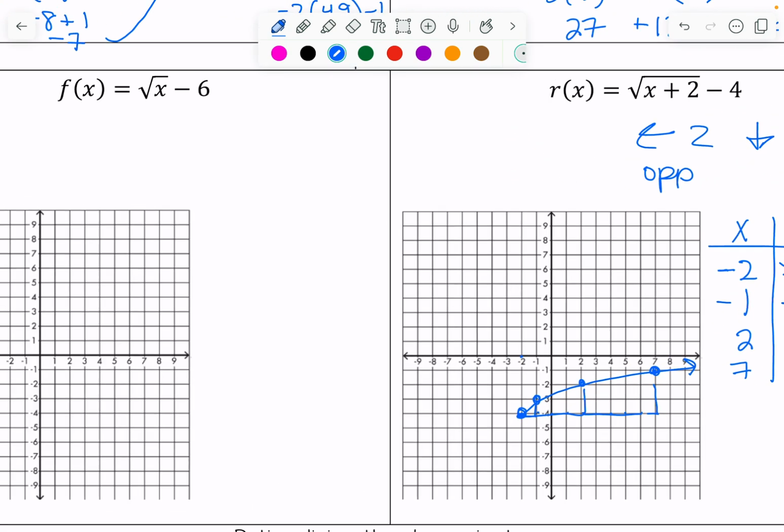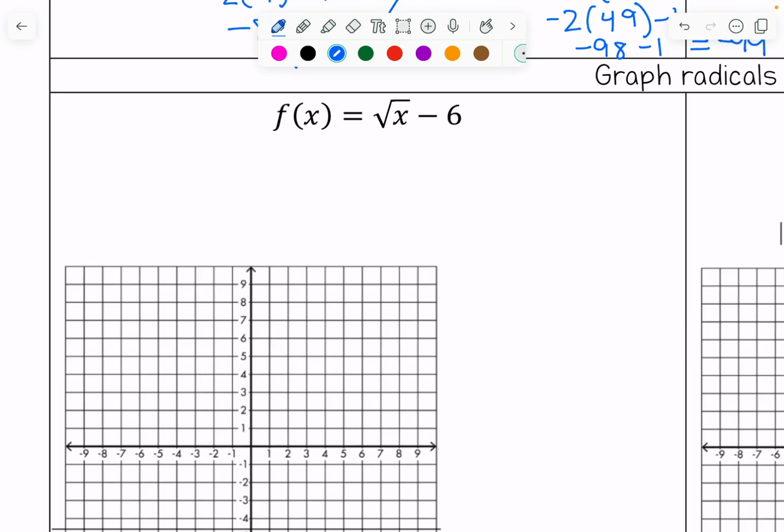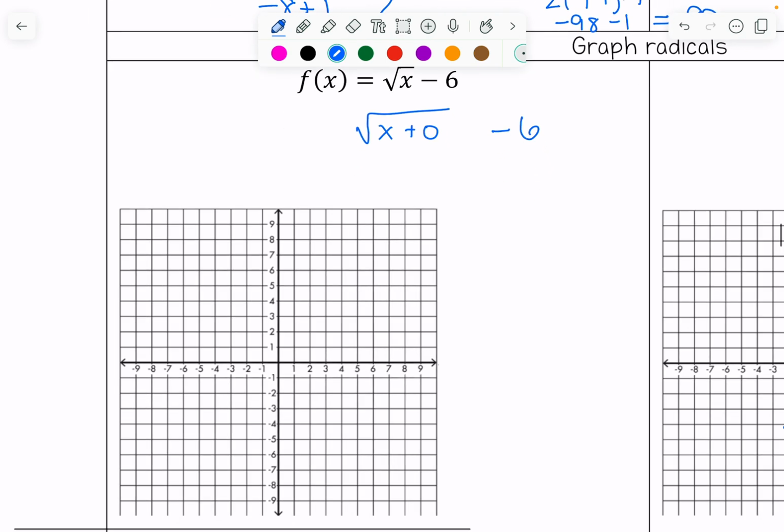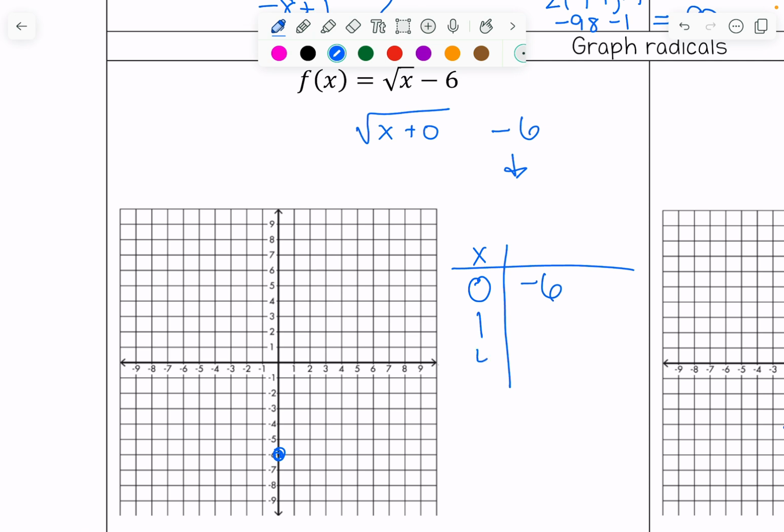Okay, so let's try the other one. Now this one shows that we have the square root of x plus nothing minus 6. So it's just dropping 6. That's all. So it's going down to negative 6. Now for our other points that we are going to put in, we had 0, negative 6, but we're going to put in 1, 4, and 9 to make those numbers.